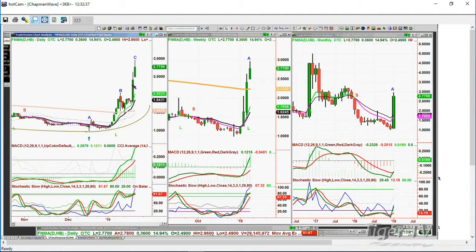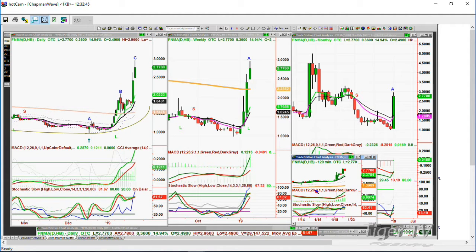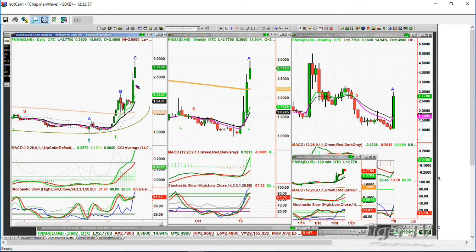All right. So as it stands right now, it's at 2.77. I would say, based on the 120-minute chart, A, B, C, D, E, at 2.37. I would like it under today's low, just a nick.